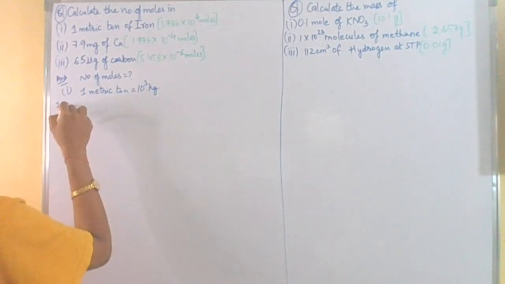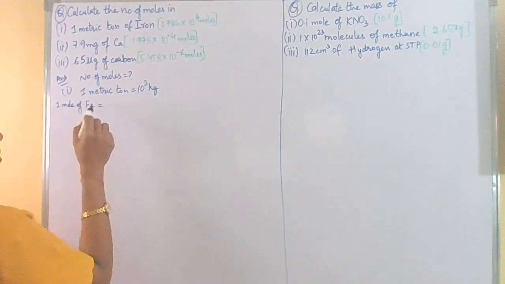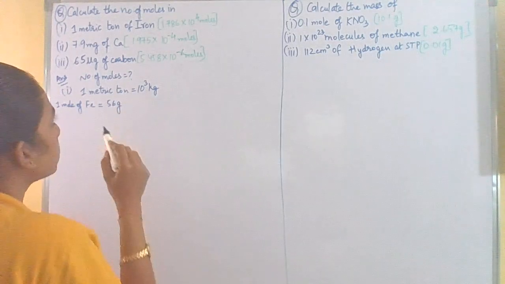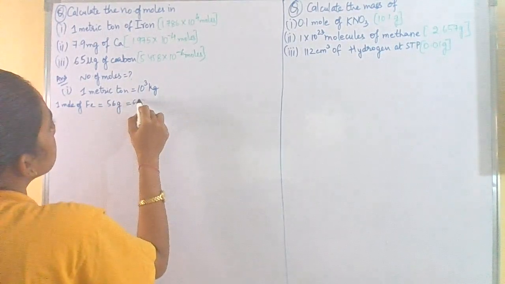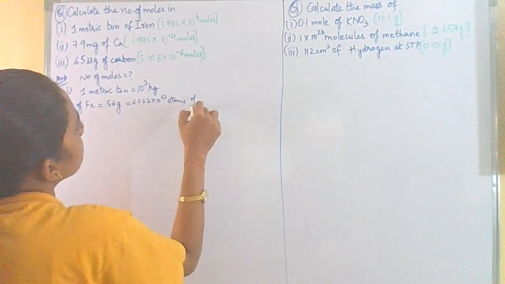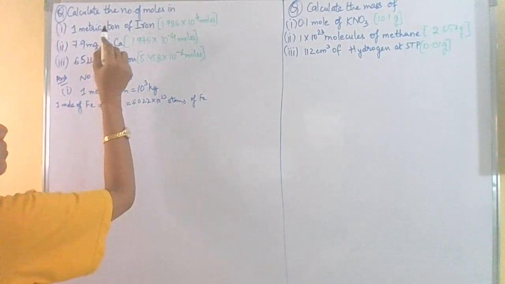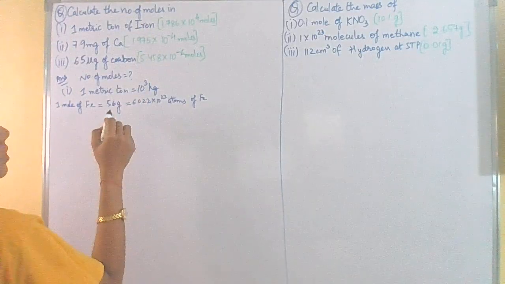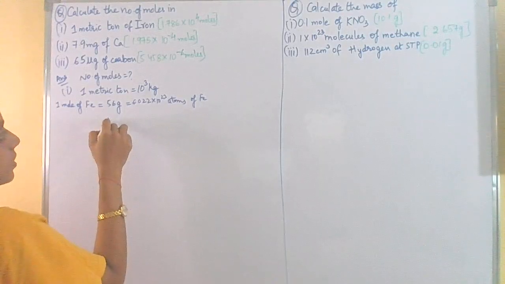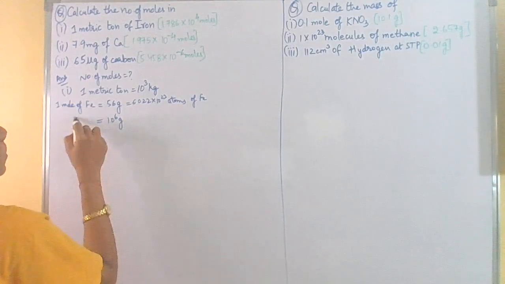So 1 mole of iron is equal to, iron is 56 grams. Its gram molecular mass is 56 grams, which is equal to 6.022 into 10 to the power 23 atoms of iron. Okay, now they have given us that we have to calculate the number of moles in 10 to the power 3 kilograms of iron. So 10 to the power 3 kilograms can be written as 10 to the power 6 grams is equal to how many moles?